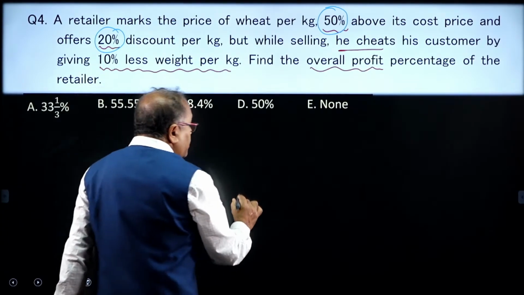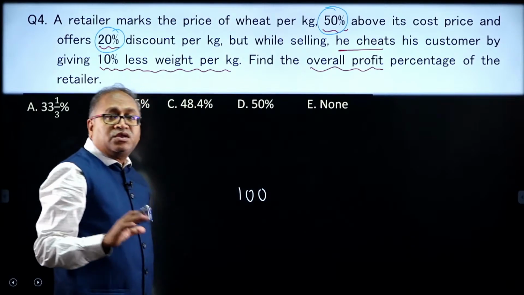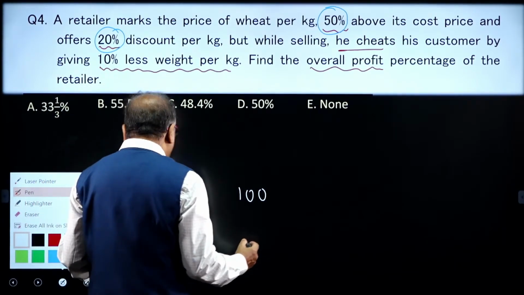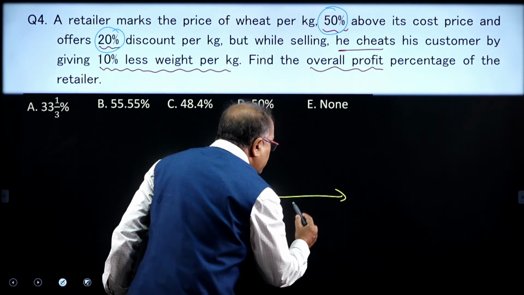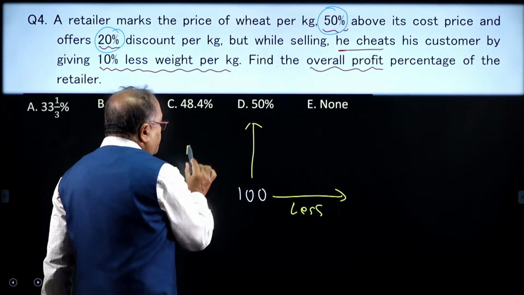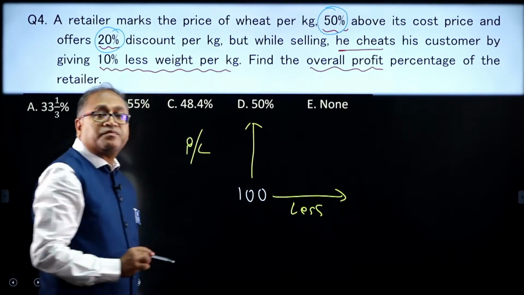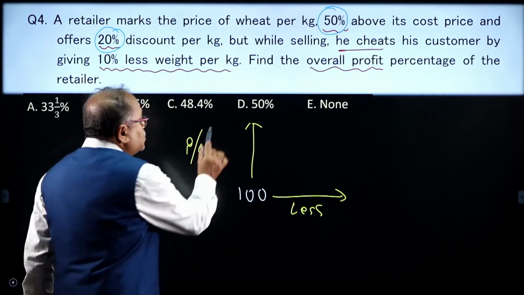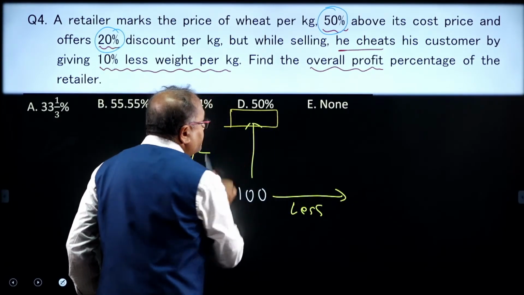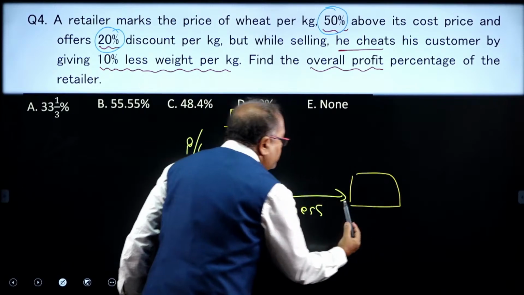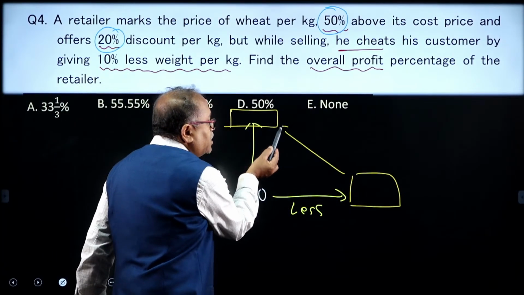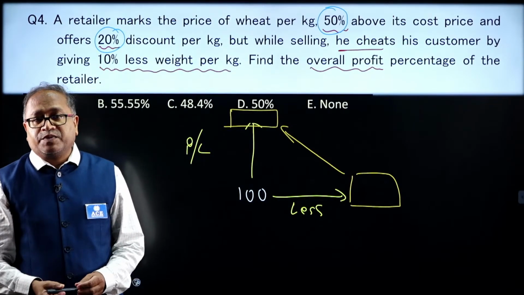All are mentioned in percentage, so my beginning value should be 100, and here I will write how much less, and here I will write profit or loss. This will be my selling price, and this one will be my cost price. Once I get the selling price and cost price, I can get the profit or loss percentage.